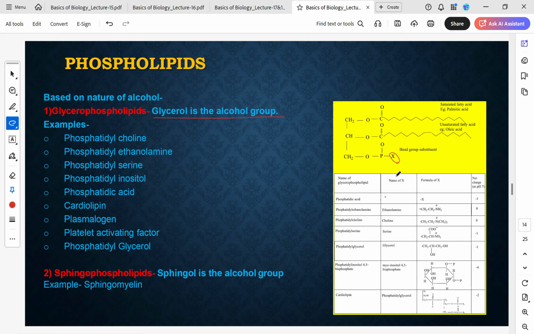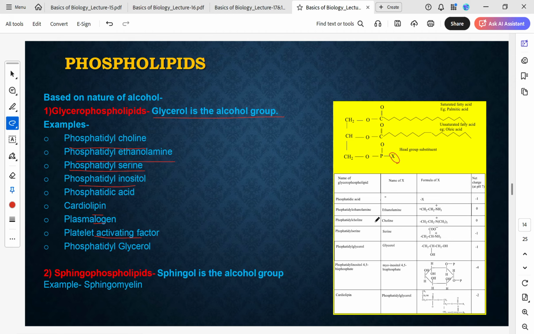Depending on what X is, it can be phosphatidylcholine, it can be phosphatidylethanolamine, PC, PE, phosphatidylserine, PS, phosphatidylinositol, PI, cardiolipin, plasmalogen, platelet activating factor, etc.